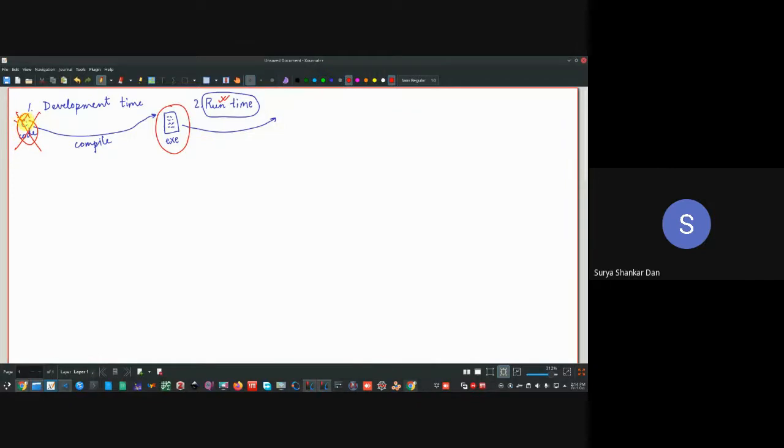Suppose you have written one code and developed one executable file, and I am the developer sharing that exe with all the students. Out of all the 34-35 students, somebody will say, sir, I am still on Windows XP, and my computer doesn't support your exe.